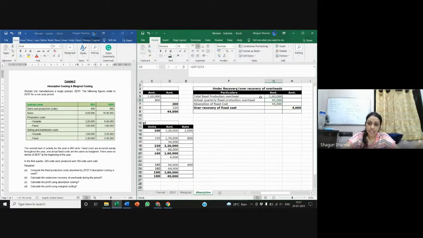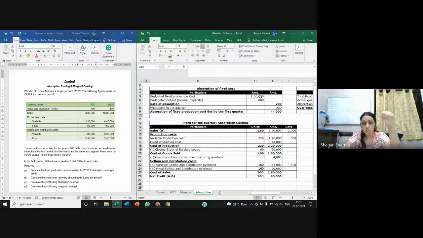In that case, there would have been an under recovery, right? जबकि खर्चा 48,000 हो रहा है, मेरे प्रोडक्ट ने सिर्फ 44,000 अब्जॉर्ब किया है, तो 4,000 मैंने अंडर रिकवर किए हैं जो मुझे मेरे कॉस्ट में ऐड करने पड़ेंगे because it should have been higher by 4,000. So in that case, instead of subtracting over absorption, I would have added under absorption. All right, and that concludes this caselet on absorption costing.